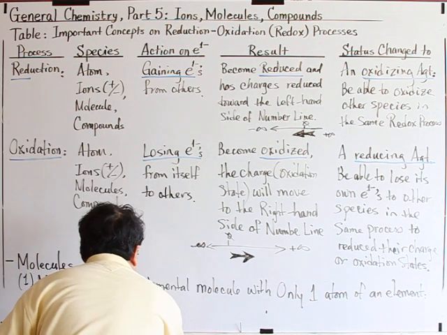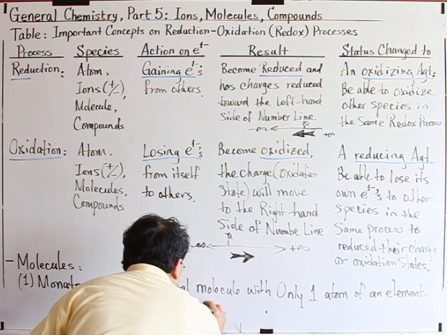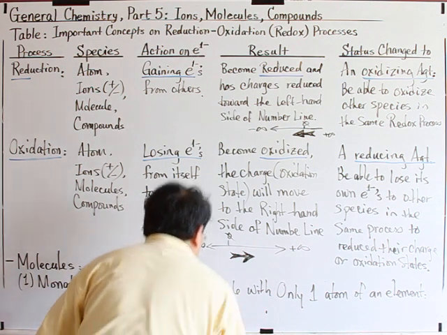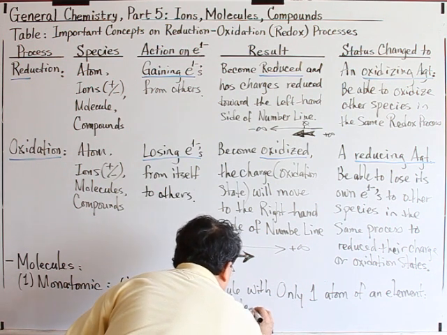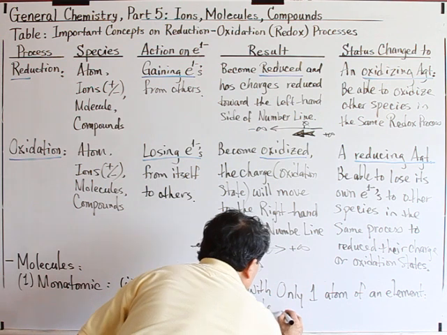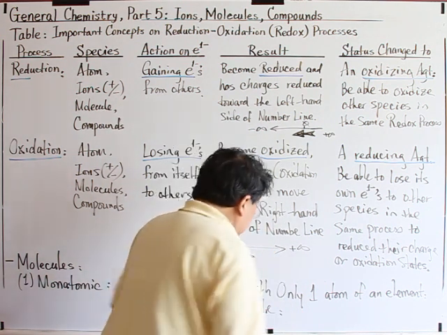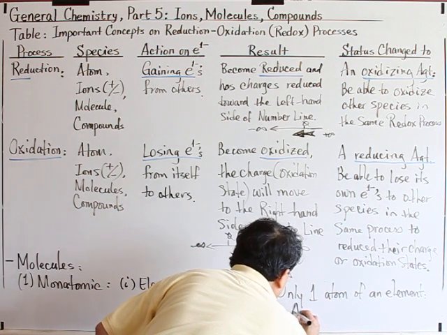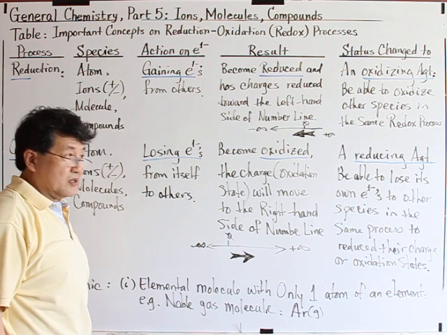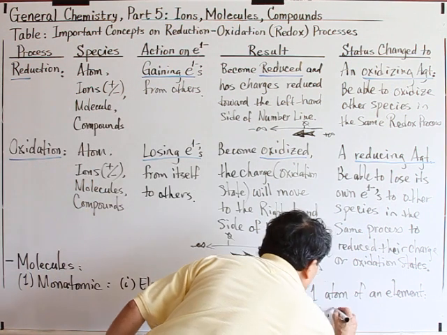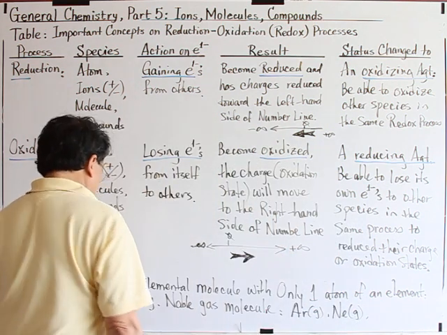Now, example with noble gas molecule, they are naturally existing in the atmosphere. For noble gas, in the atmosphere, you say argon, so you say g. The physical state is g, gas, right? Or you say neon, also g. Now that's the first type.